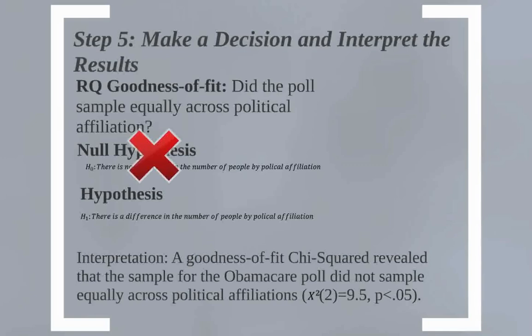And so what we can state is something to the effect of: the goodness of fit chi-squared revealed that the sample for the Obamacare poll did not sample equally across political affiliation. Right? So there weren't equal categories. And so again, we have our chi-squared with our degrees of freedom in parentheses, 2 degrees of freedom. Chi-squared obtained value is 9.5 with a p of less than 0.05.